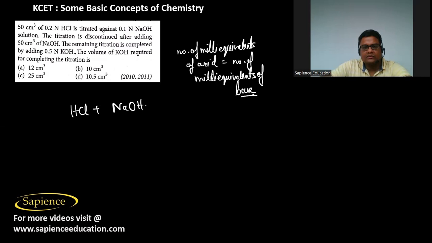Now, the number of milliequivalents is equal to normality times the volume.